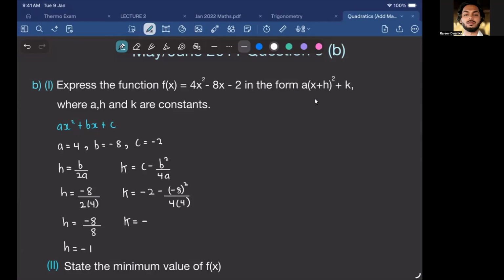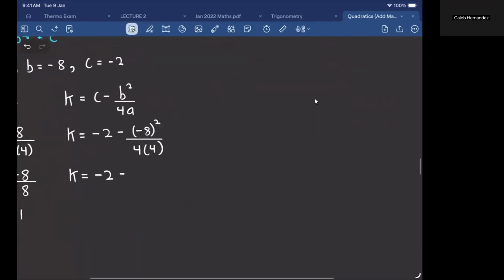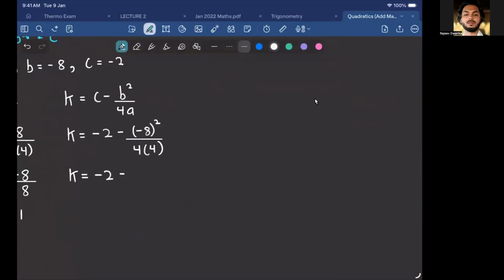And then put back the minus 2. What is minus 8 squared? Negative 8 by negative 8. 16.